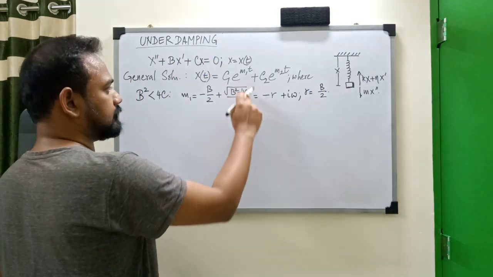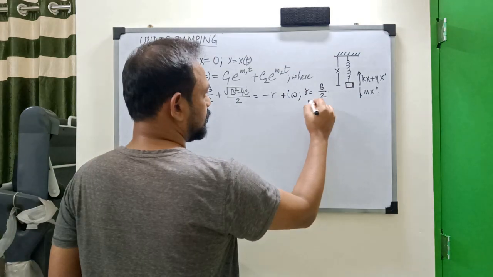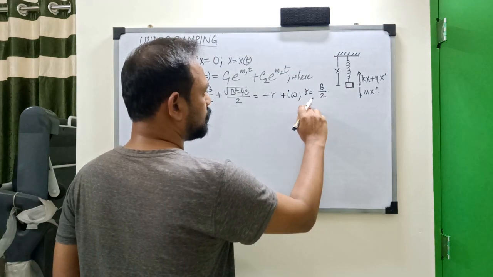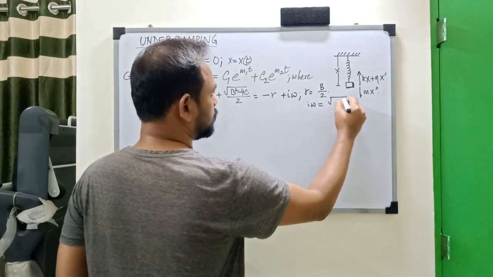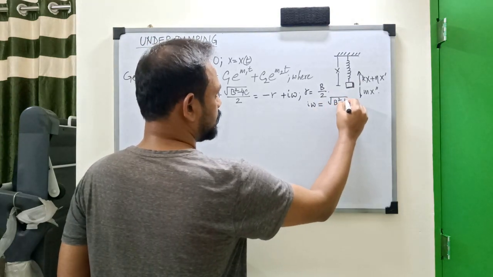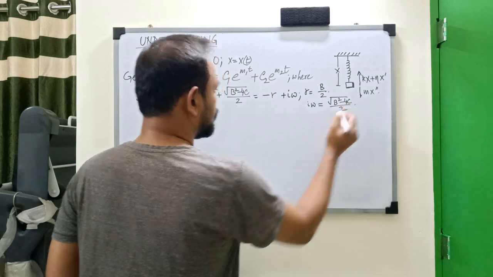And this i omega is root over b square minus 4c by 2.